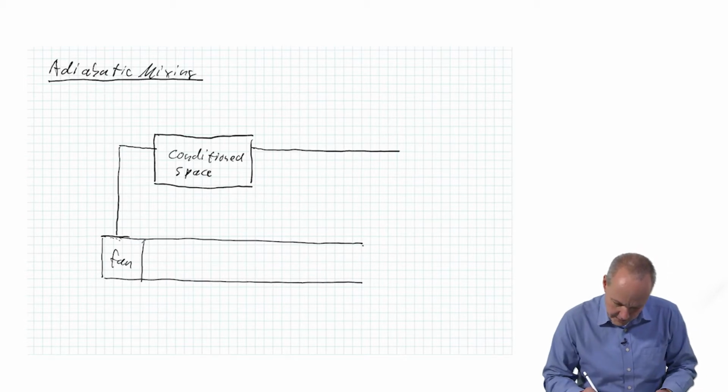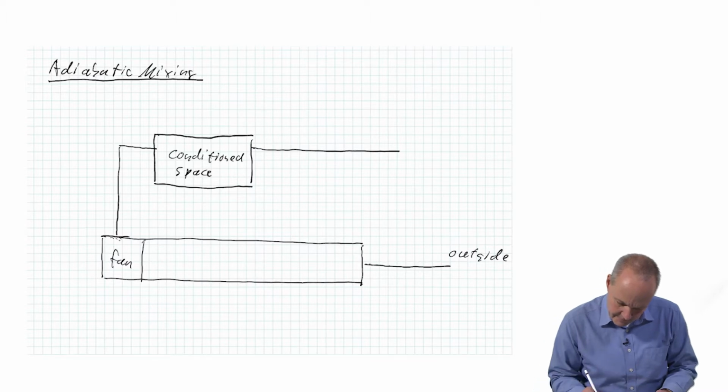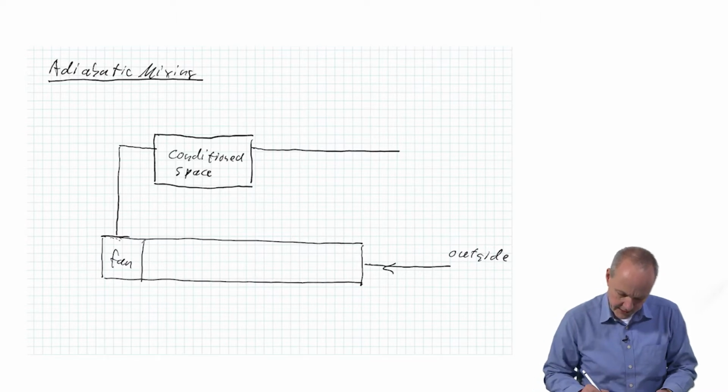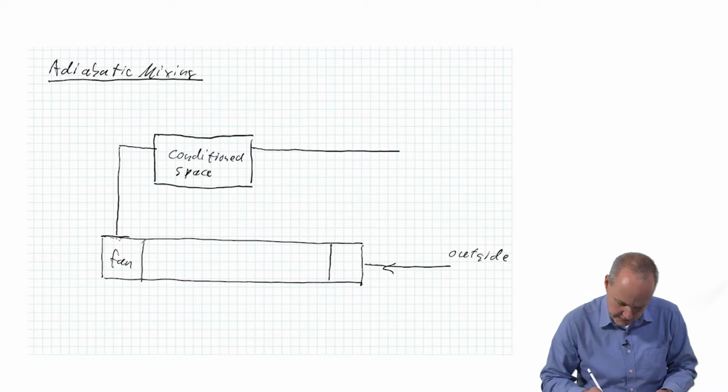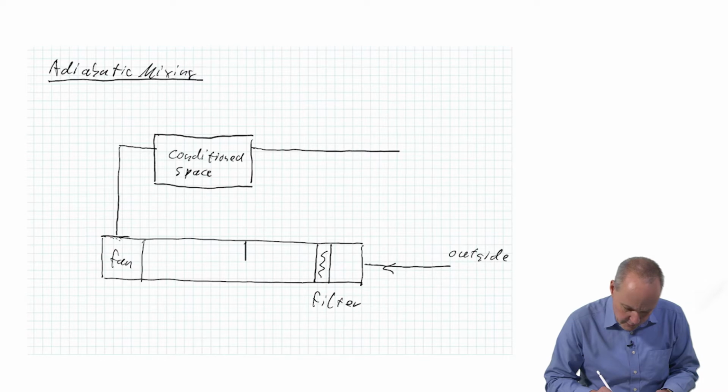When we bring in air from the outside, we first send it through a filter to remove particulates in the air. And then, depending on what we want to do, we may have a cooling coil.